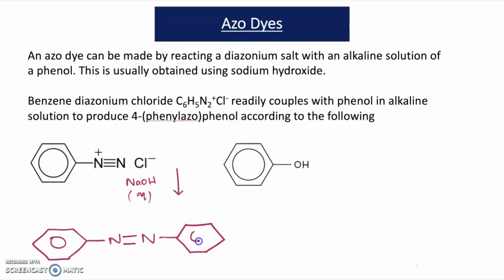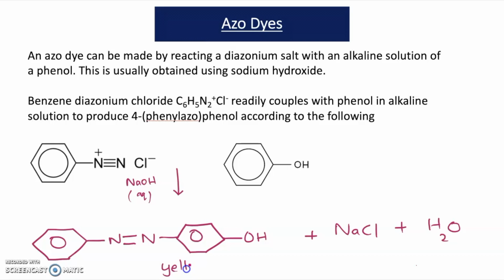So you can see that I've got my benzene diazonium chloride, and what happens is that the triple bond between the two nitrogens breaks, and this changes to a double bond, and then a bond forms to link the nitrogen to the phenol. So my other products are sodium chloride and water.